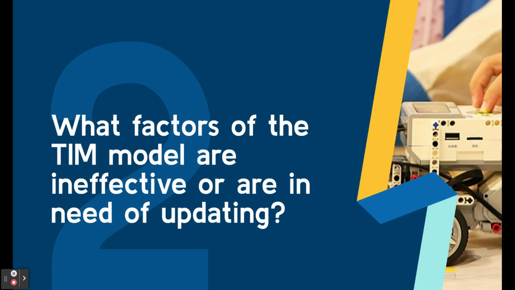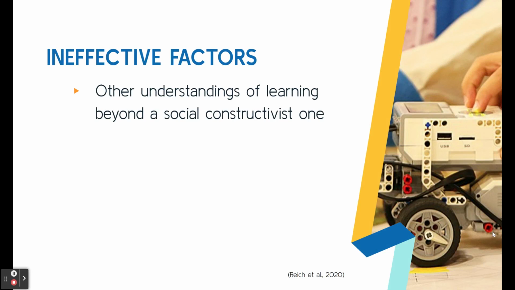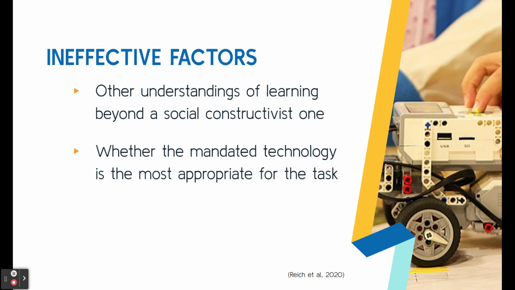What factors of the TIM model are ineffective or are in need of update? Some of the ineffective factors of the matrix is that it doesn't take into account other understandings of learning beyond a social constructivist one. For example, it doesn't take into account an instructor led environment. In addition, it doesn't take into account whether the mandated technology is the most appropriate for the task.